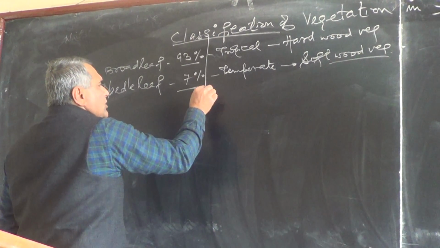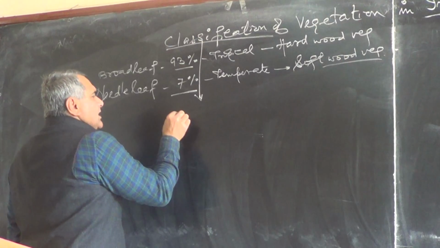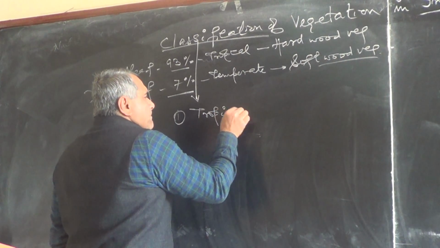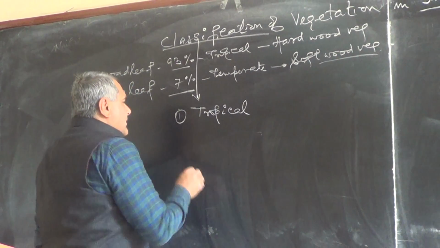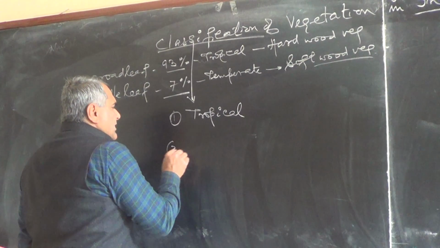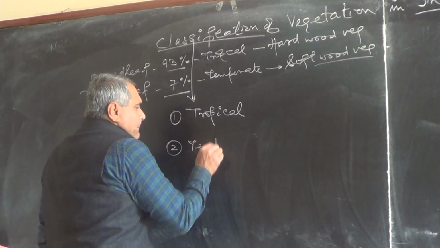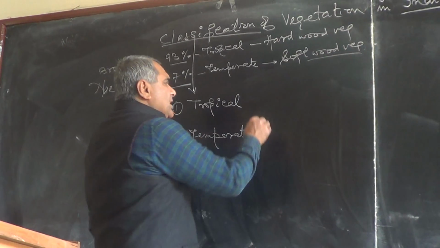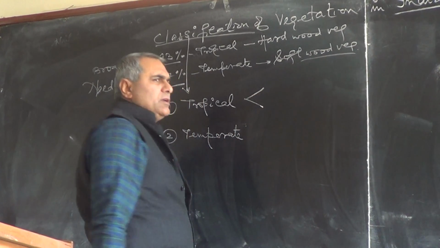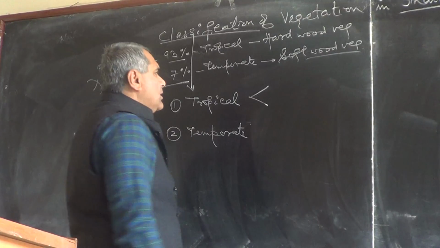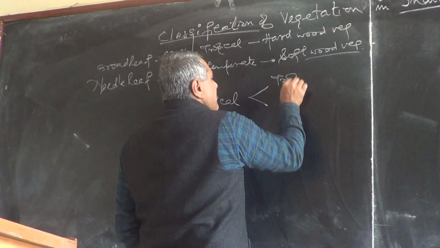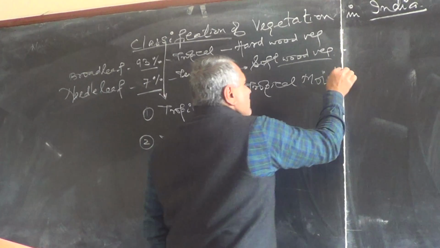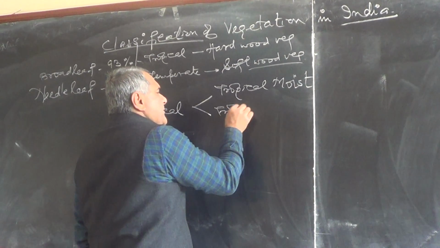Now come over to the classification. Classification number one is tropical vegetation, and another is temperate vegetation. In tropical we have two types: tropical moist and tropical dry.